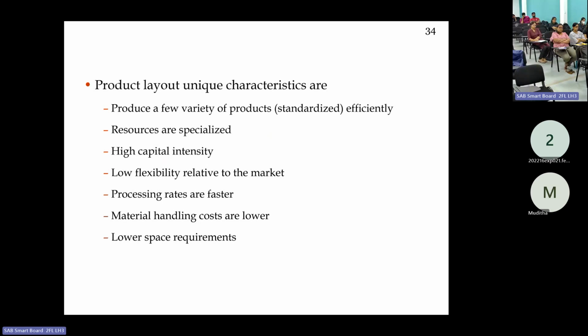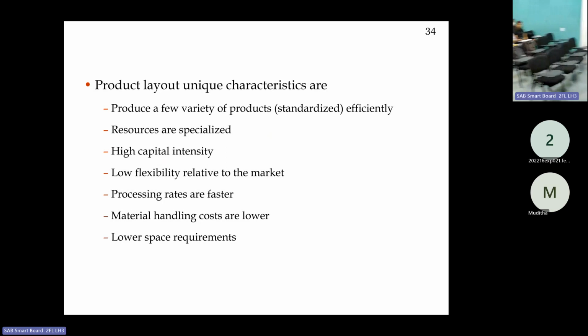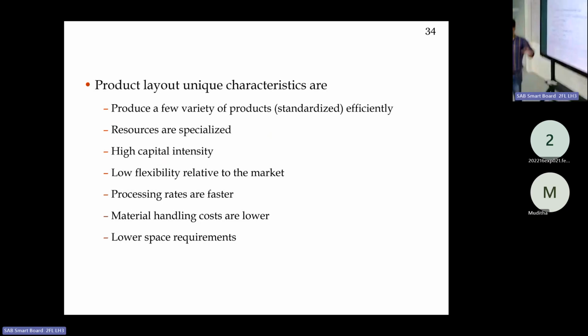Each workstation, each machine established in one workstation will be doing the same processing every time. Specialized resources are there. And often these types of layouts are relatively capital intensive.